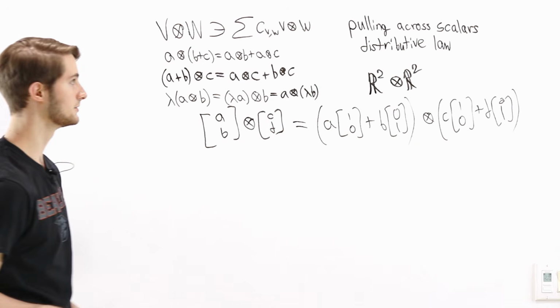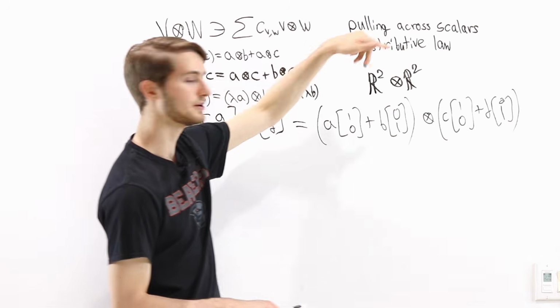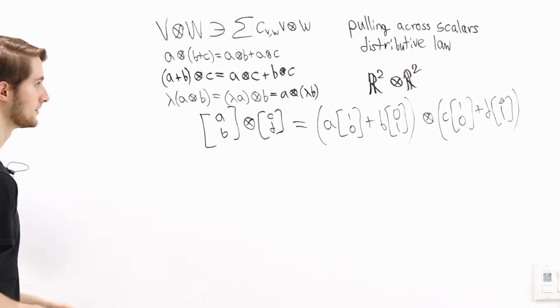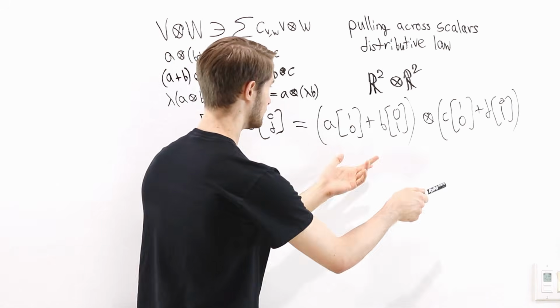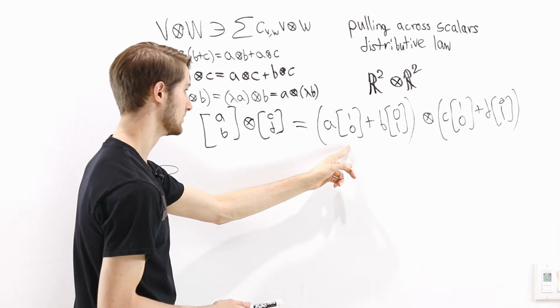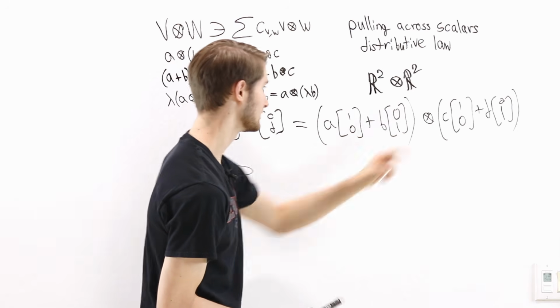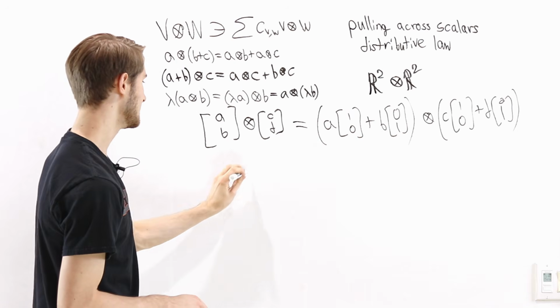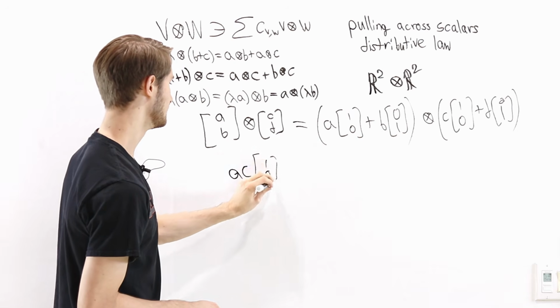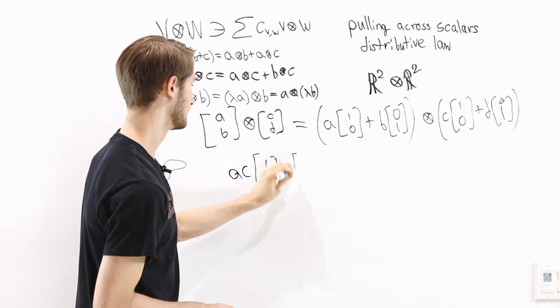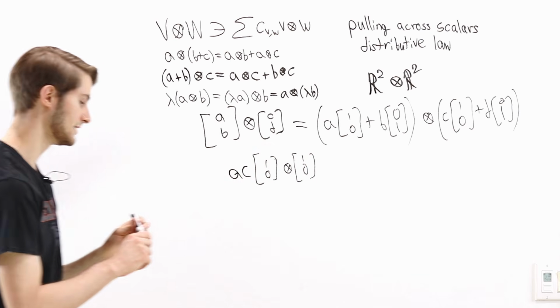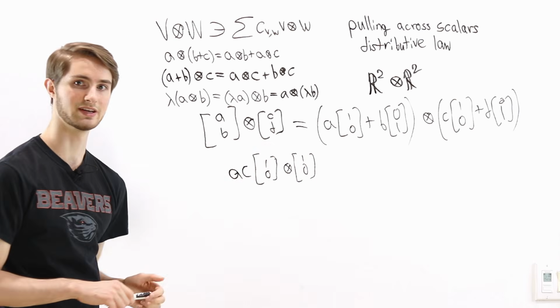And just like we said before, we can expand this out using the distributive law. So first, we just have to FOIL this. a times (1,0) tensor c times (1,0) is going to give us ac times (1,0) tensor (1,0). And you might ask, where is this scalar exactly?